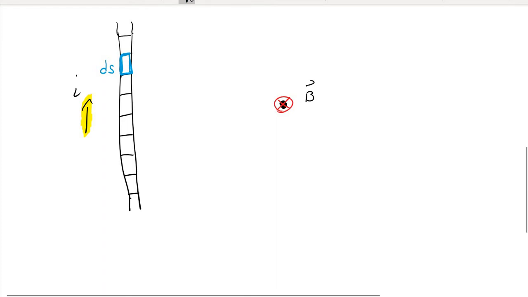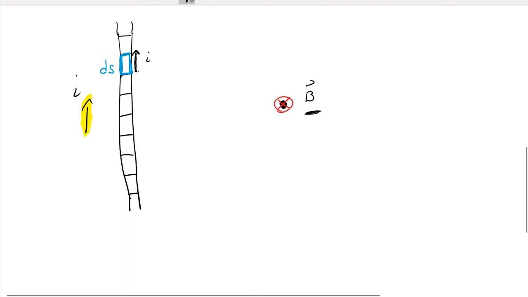The current that is passing through that portion of the wire does have value I. But how does that current point with respect to where we're trying to measure the magnetic field in the system?